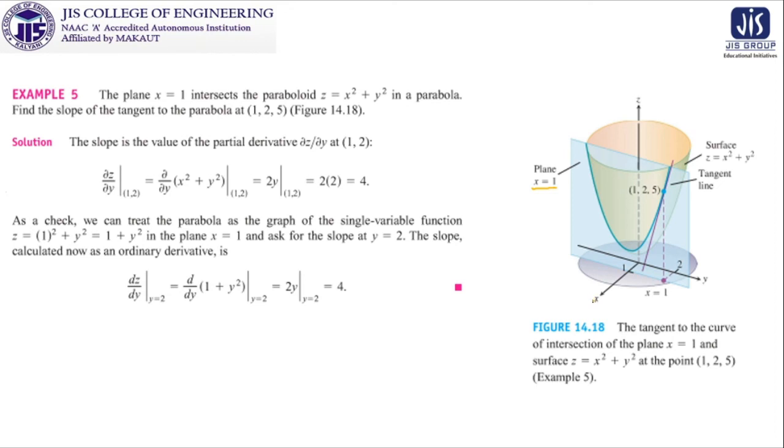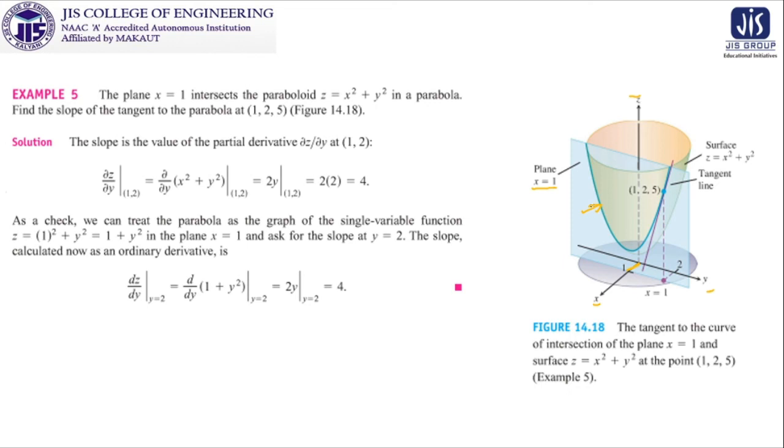Look at this x-axis, y-axis, z-axis, and this is the increment of 1 from the x-axis, and this is the plane x equal to 1, and this cuts this paraboloid and creates one parabola. You can see this curved line, which is nothing but the parabola.